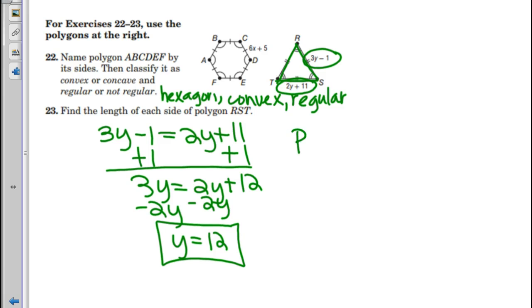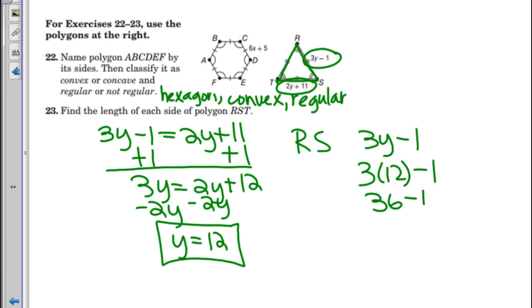So let's take side RS, for example, 3y minus 1, and plug in 12. 3 times 12 is 36, minus 1 is 35. I should get the same number when I plug in 12 right here, so let's do a quick check. 2 times 12 is 24, plus 11 is 35. So the length of each side of that triangle is 35.